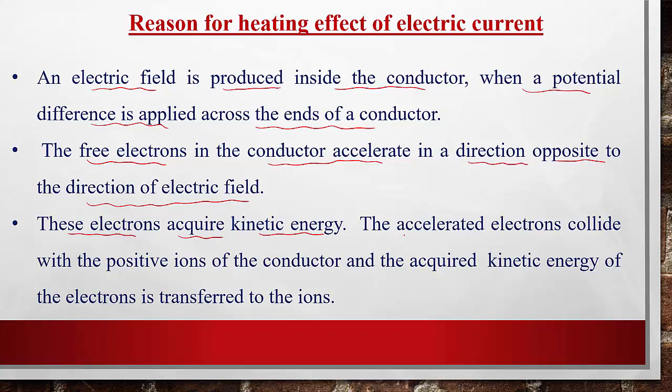Then the accelerated electrons collide with the positive ions of the conductor. The conductor contains positive ions which are fixed to certain places. When the free electrons have kinetic energy, they start to collide with the positive ions.